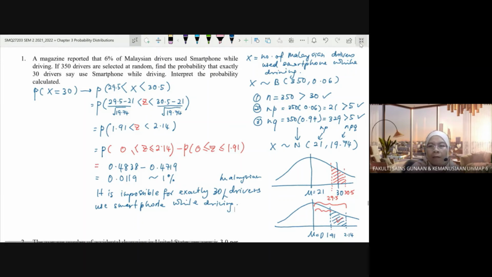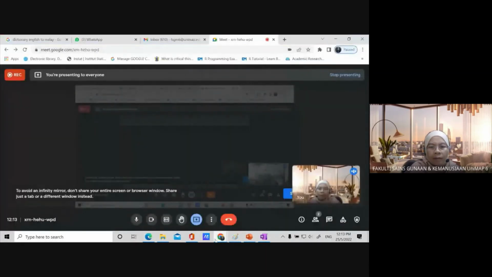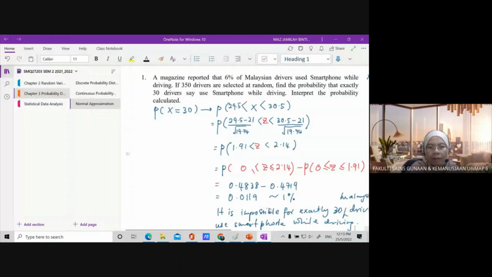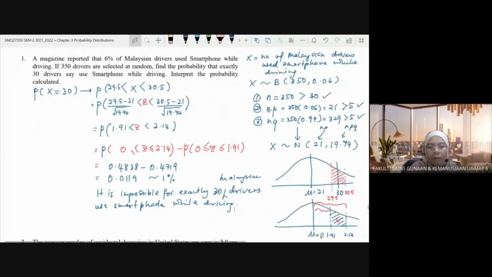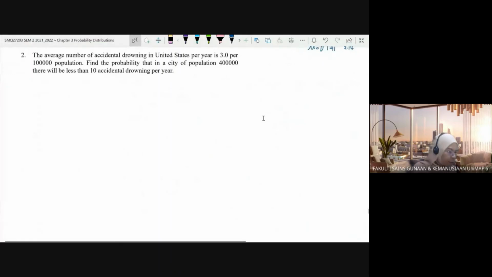Okay, for the last part, that will be the normal approximation for the Poisson. Okay, the average number of accidental drowning in United States per year is 3.0 per 100,000 population.